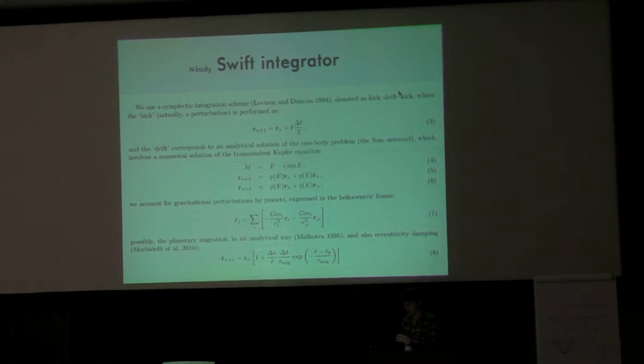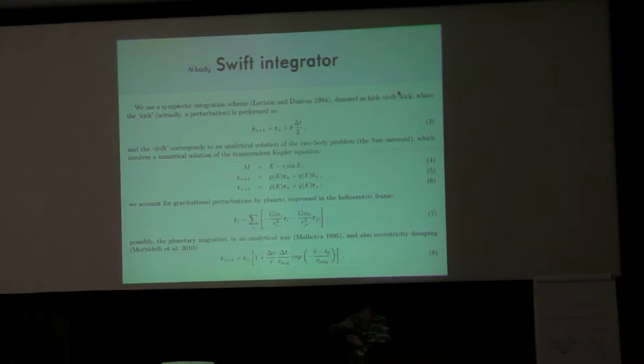...features. It's a symplectic scheme which uses a kick. It's a change of velocity of this kind. We get an acceleration, I'm going to use that later. Then it has a drift part, which is essentially a solution of the two-body problem in order to exploit the feature of the solar system that the mass is concentrated in the Sun, so we can use it as the first approximation of the two-body problem.